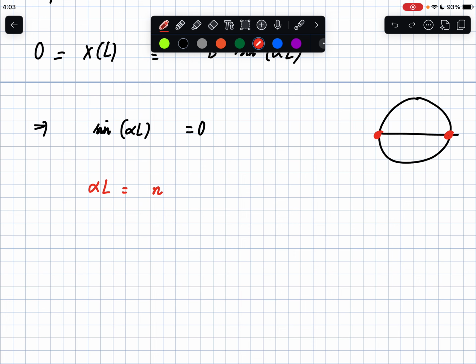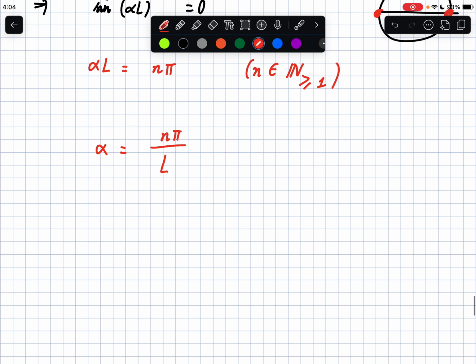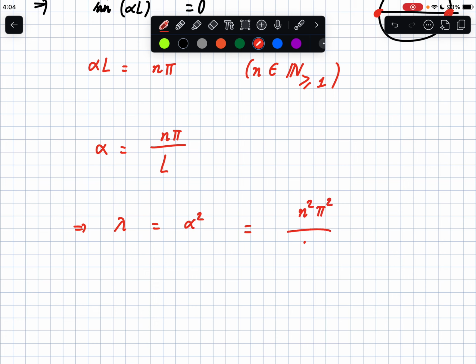Alpha L is positive. Alpha L is equal to n pi, n natural, and to make it precise, n bigger than or equal to 1, because alpha is positive, so I don't want n equal to 0. So our alpha is n pi over L. Lambda is alpha square, as we said, so n square pi square over L square.